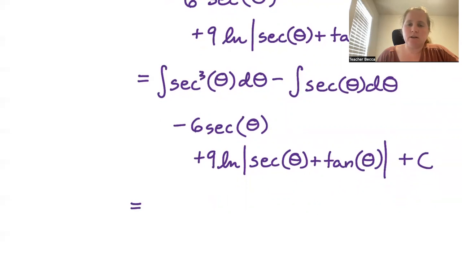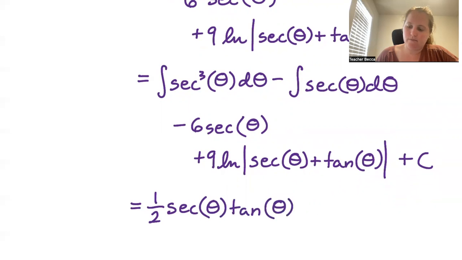Integral of secant cubed was 1/2 secant theta tangent theta plus 1/2 times the natural log of the absolute value of secant theta plus tangent of theta.